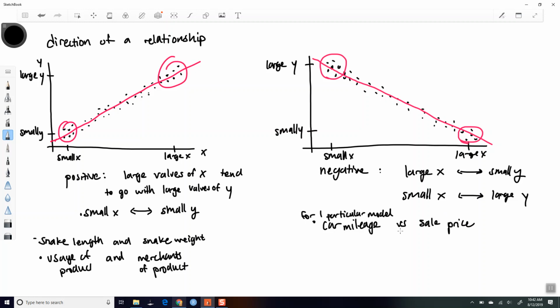Let's say you're set on buying a used Honda Civic or something like that. There are different factors that go into how much you're going to pay for your used car, but mileage is going to be one of them. In general, if the car has more mileage, it's going to sell at a lower price than a car that has less mileage.